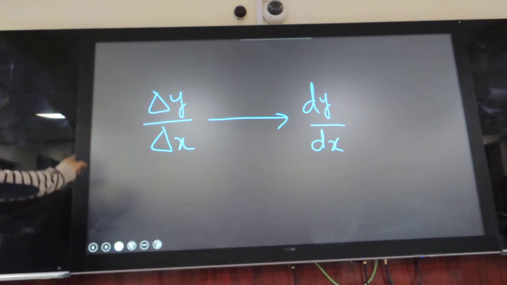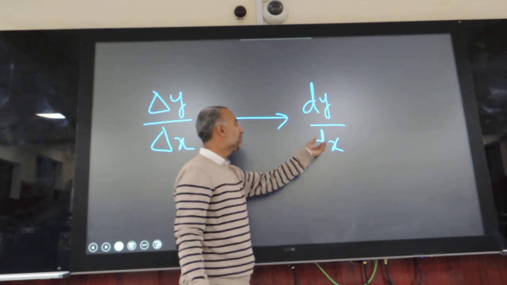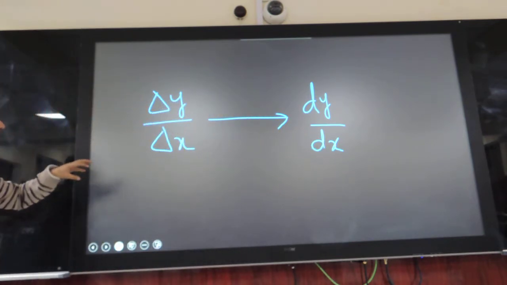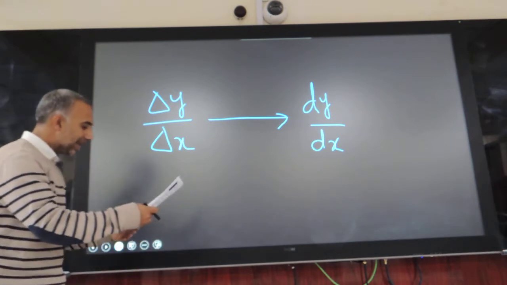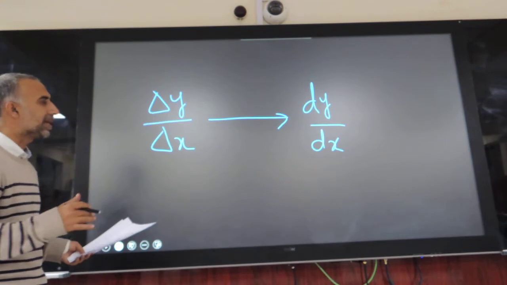Once delta x approaches 0, the slope of the normal line changes into the slope of the tangent line. So this is the derivative.